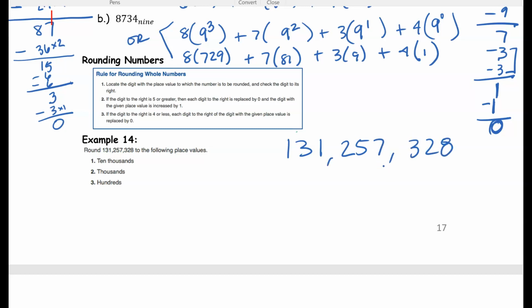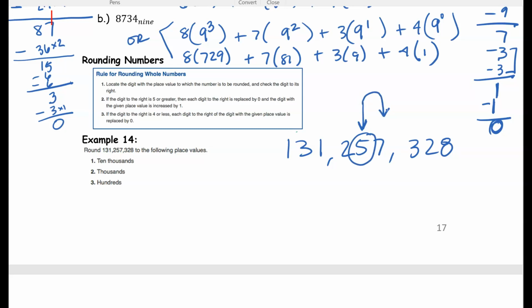Okay, so the first question asks us to round to the 10,000s place. So we are going to find the 10,000s place. So ones, tens, hundreds, thousands, 10,000. I have to count like that. I'm sure other people can just look at the numbers, but I always have to start at the right. So we find the 10,000s place. That's the place value we're trying to round to. And then we look to the number to the right.